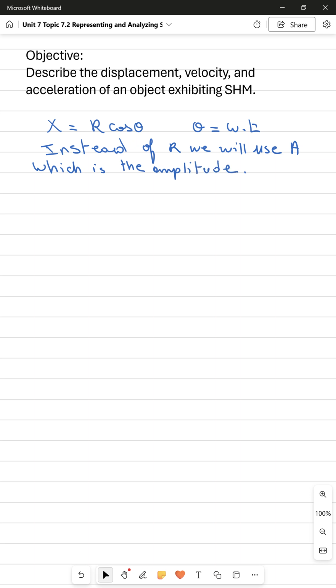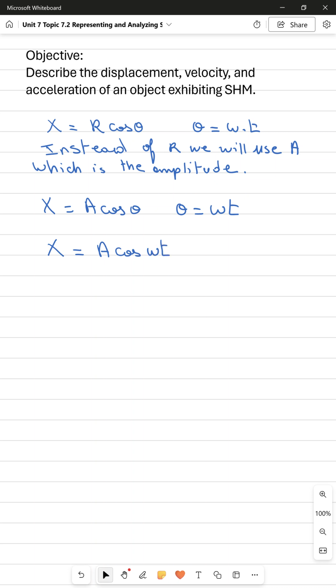So x will be equal to a cosine theta, and theta is still omega t. Now, some books use x0 instead of a. So if I replace theta by omega t, we'll get that x equals a cosine omega t.